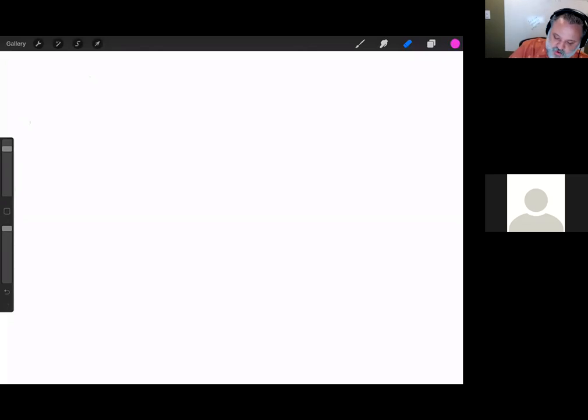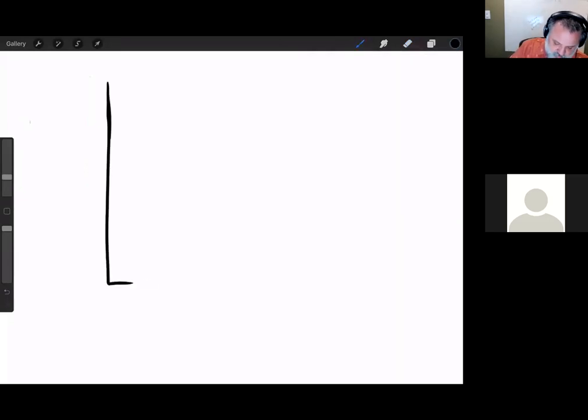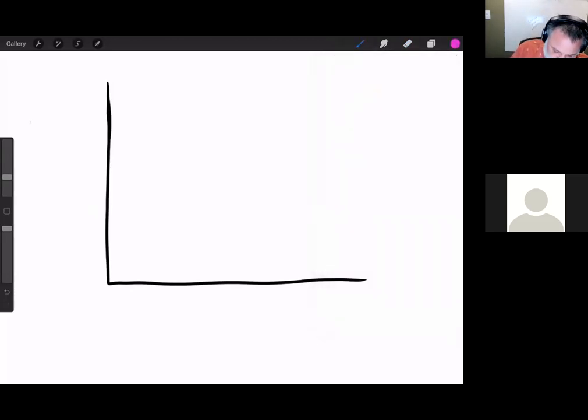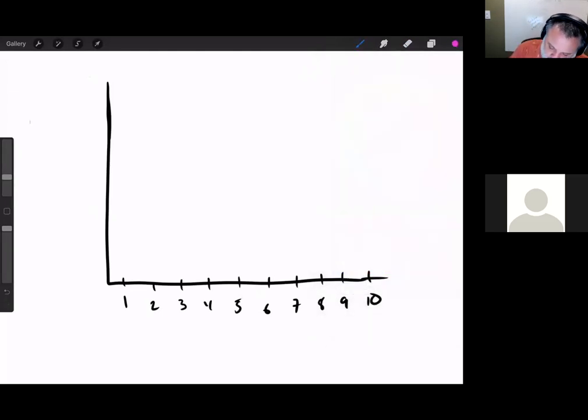So if I were to take a graph, let's use this color to make the axis, and Jared's suggesting we'll use pink. If I were to say chapter 1, chapter 2, chapter 3, chapter 4, chapter 5, chapter 6, chapter 7, chapter 8, chapter 9, chapter 10, etc. Kind of like, what's the challenge?